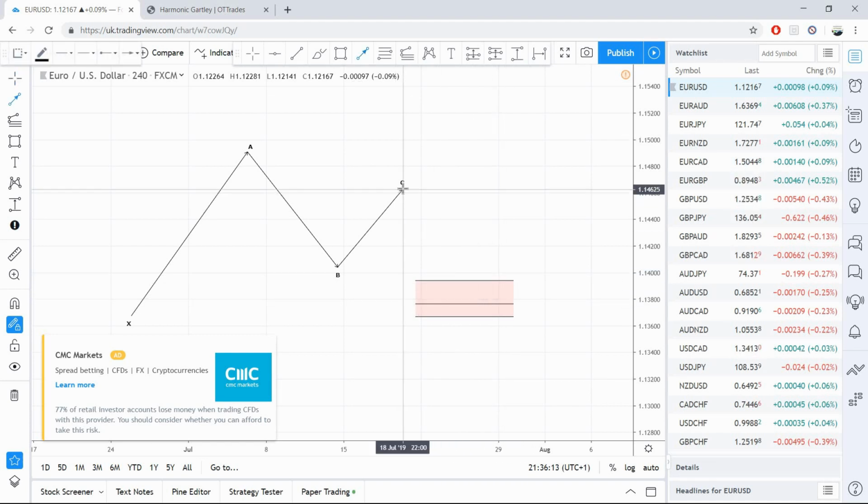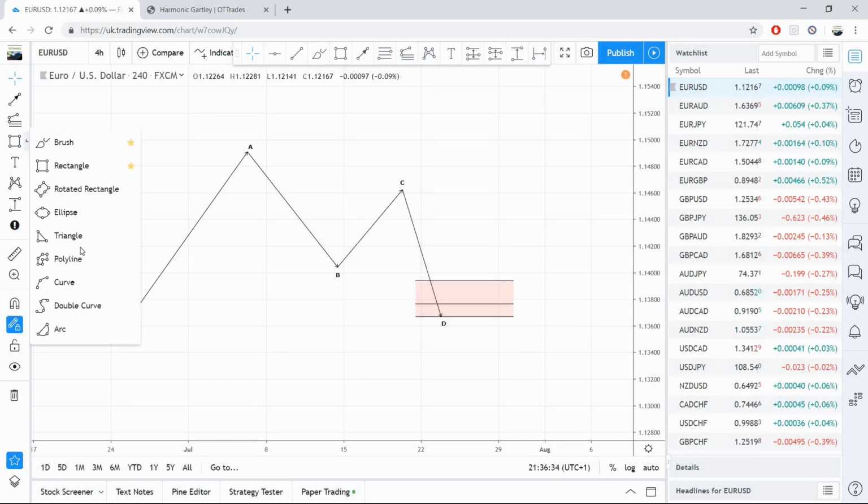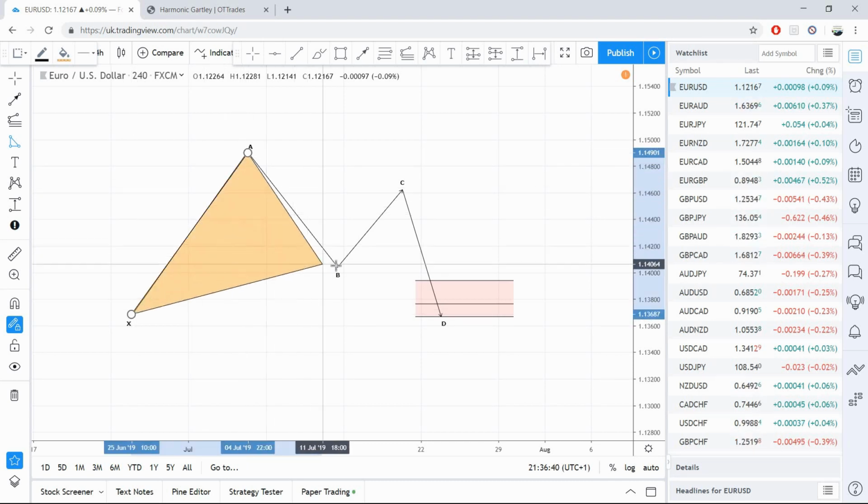As price moves down into this point, let's say the bottom point here, D. The pattern's not technically classed as being complete until the price exceeds the price extreme of the PRZ.